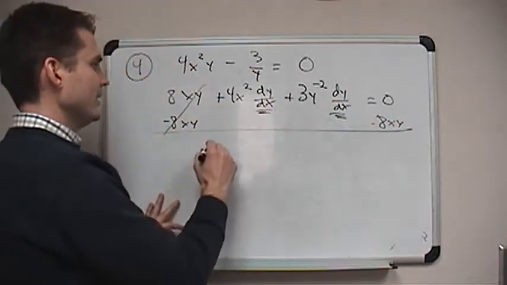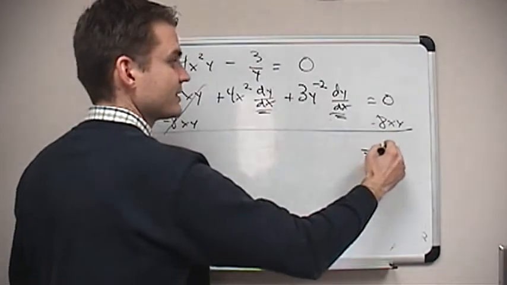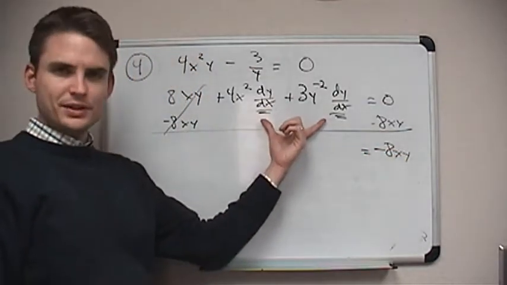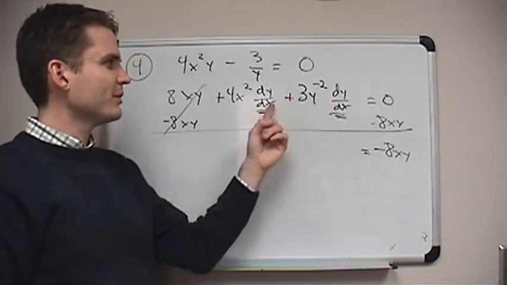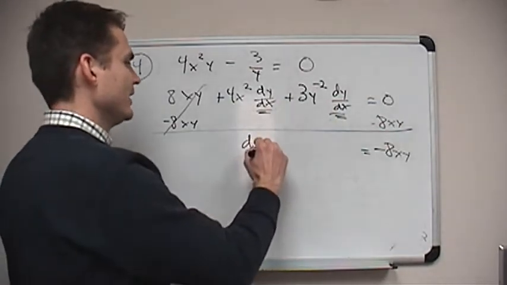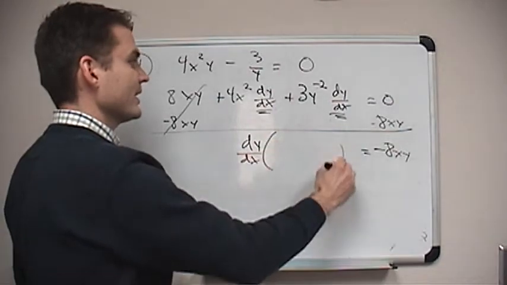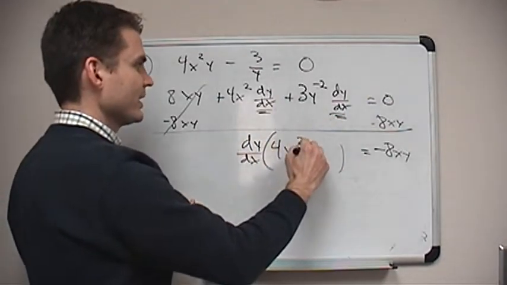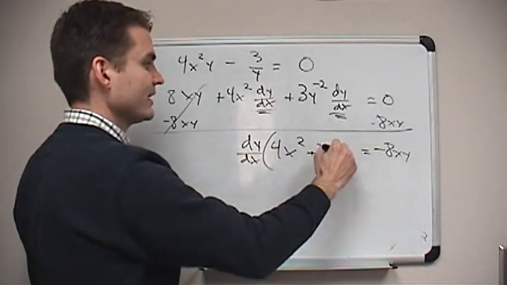Well, over here I have the negative 8xy. But over here I just have these 2 terms. And they both have one factor of dy over dx. So I can actually factor this out of both of those terms, 4x squared plus 3y to the power negative 2.